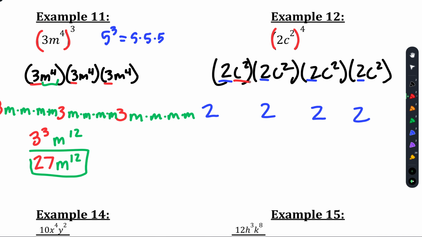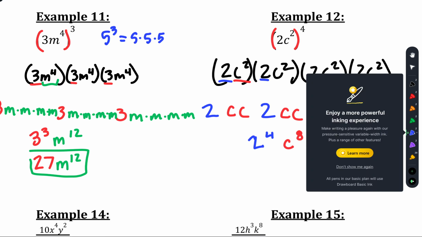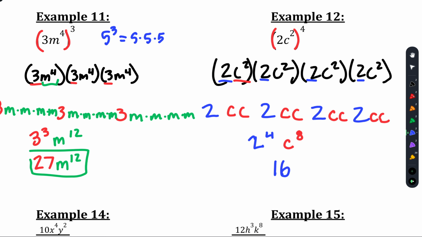And for each bubble I have 2 c's. So how many total 2's do I have? 4. How many total c's? 2 to the 4th power is 16. C to the 8th power. I know it's easy. Are we all good on that?